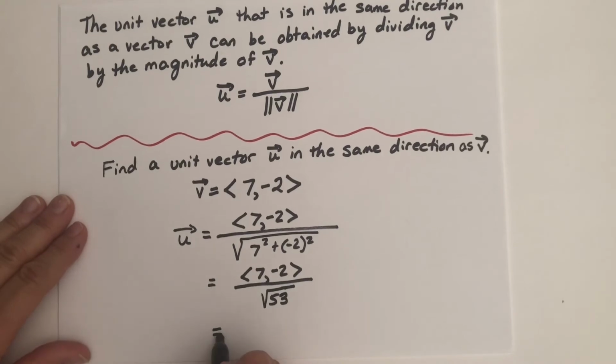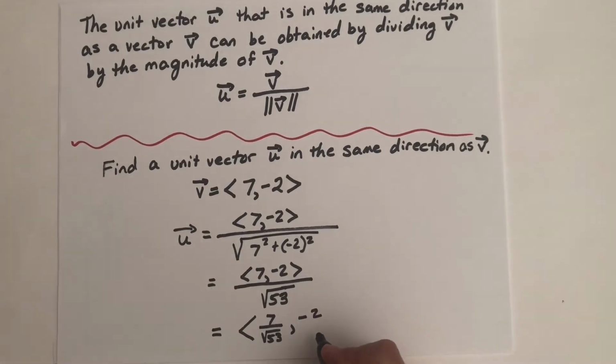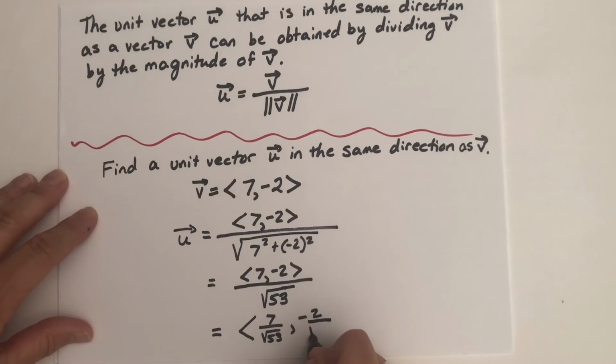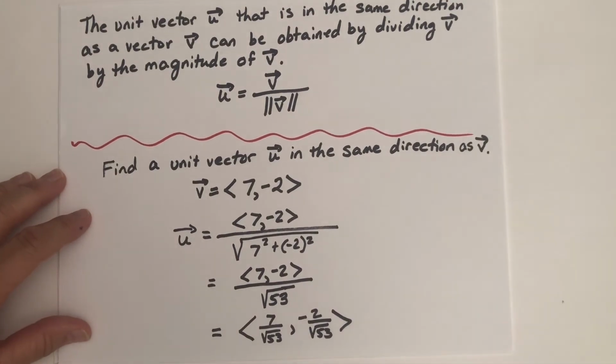And if we write that out, we'll have 7 over the square root of 53, comma, -2 over the square root of 53. So this vector is in the same direction as v. It just happens to be 1 unit long.